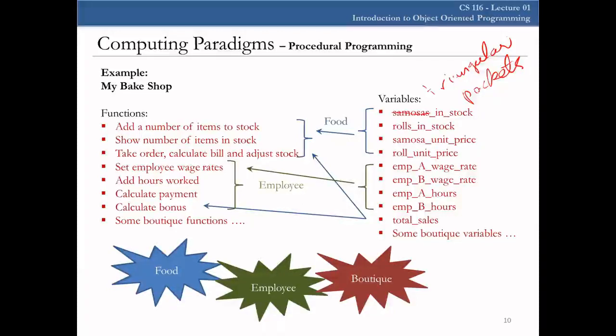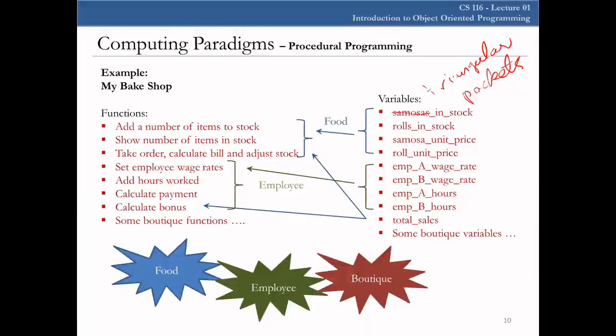Now, having said that, if you are able to write procedural code for this application and run it successfully without errors, then that is absolutely fine. There is nothing fundamentally wrong in writing procedural code. The only problem is that it becomes difficult to manage when the code size grows, right?